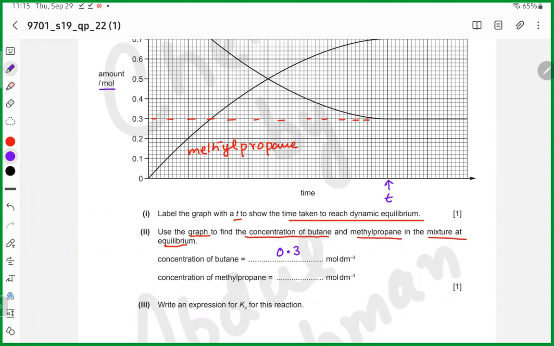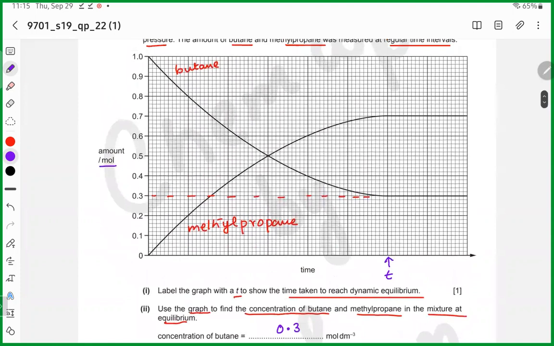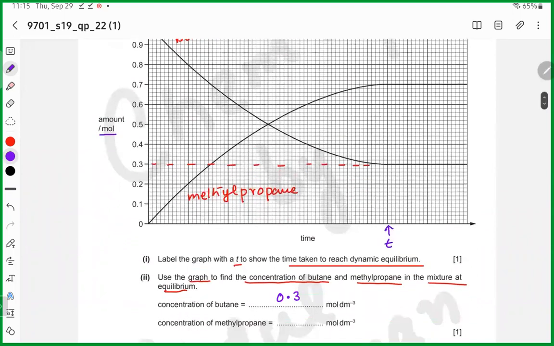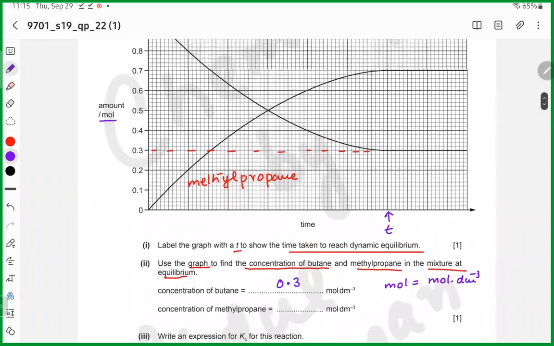These are the moles, but the volume used is 1 dm cube. So to convert the moles into concentration, we divide by 1. Whenever the volume is 1 dm cube, the mole is always equal to mole per dm cube. Is this clear to everyone?